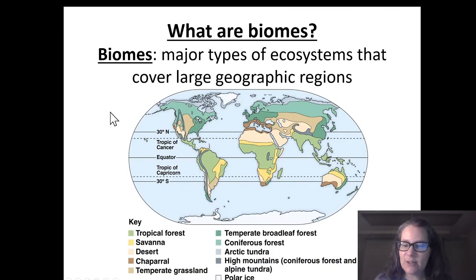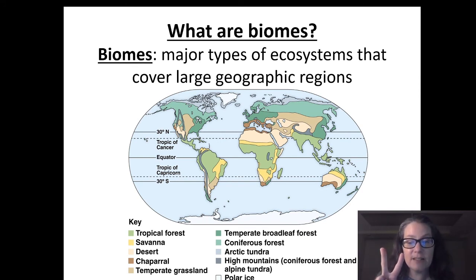Lastly, when we look at ecosystems and that biosphere, ecosystems often will be given a name. And biomes are major types of ecosystems that we see in that biosphere, that living layer across the Earth's surface. Biomes are major types of ecosystems that cover large geographic areas like tropical rainforests, savannas, deserts, chaparrals, etc. There are two big factors that determine a biome and then some other smaller factors as well.